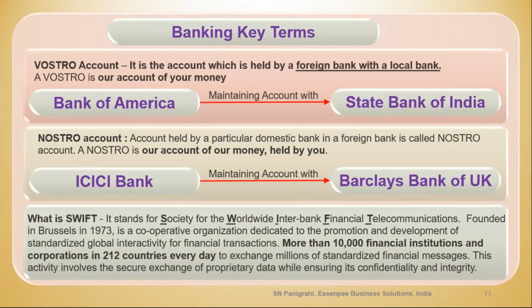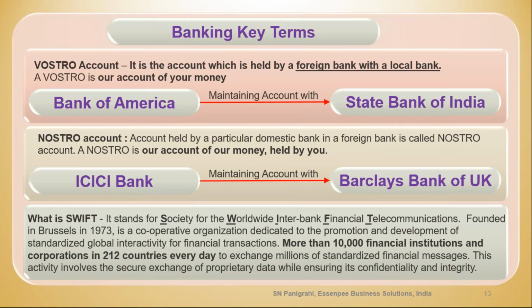Then SWIFT is generally an electronic transfer of transactions between the banks. From one bank to another bank, all the transactions happen electronically through SWIFT. It was introduced in 1973, and now almost 212 countries are doing transactions through SWIFT only.